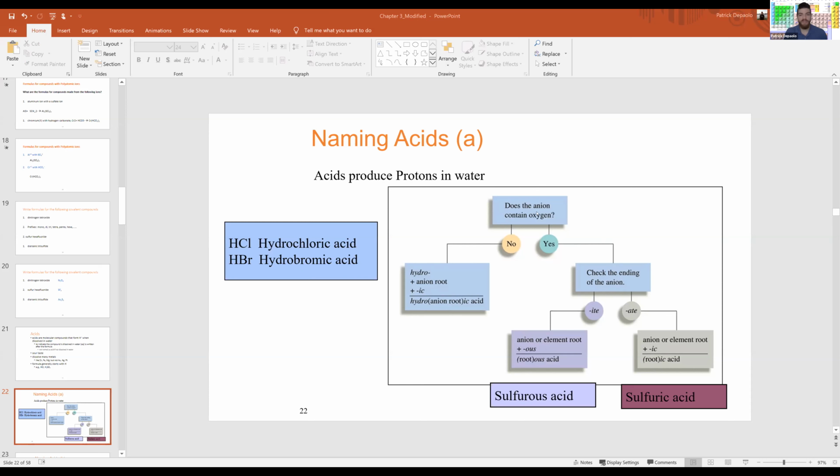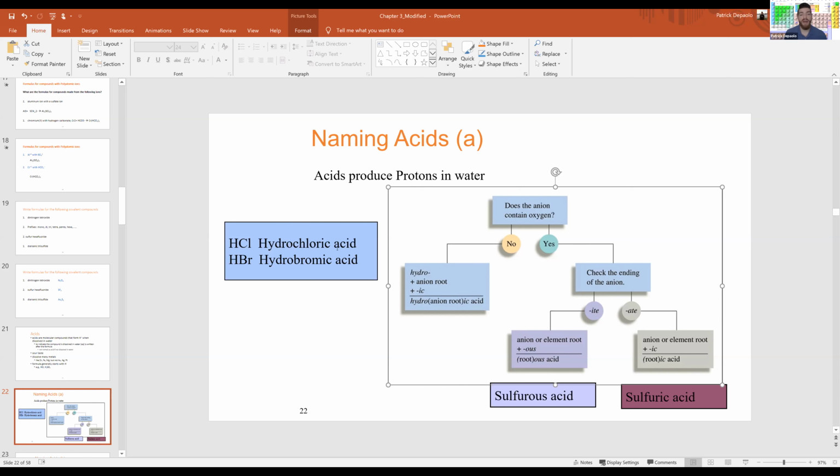This is very easy. So if the anion does not contain oxygen, for example, hydrochloric acid, hydrobromic acid, you add hydro in the beginning. The anionic root, meaning chlorate, chloride, whatever the anion is, the root word of it.